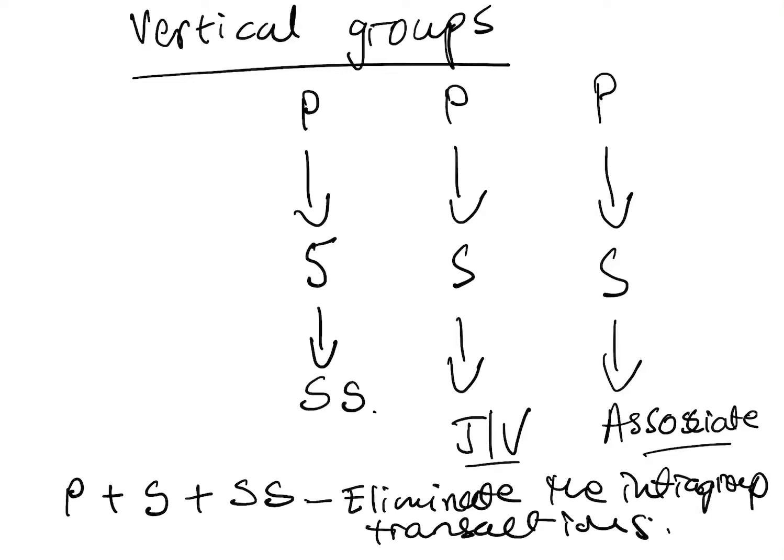Right, so when we look at a vertical group, there is one thing that we need to take note of. Let's say there is a parent, a subsidiary and a sub-subsidiary. When do we start consolidating our financial statements?